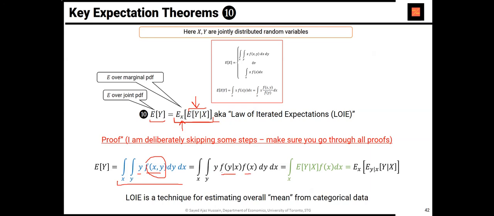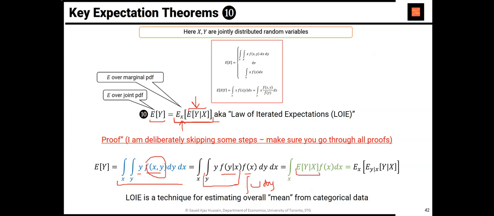Sorry, what I should have done was actually bring this term, so I could have looked at this term right here. So take this term right here, call it this, dy, and now integrate. What that gives you, of course, is the expected value of y given x.